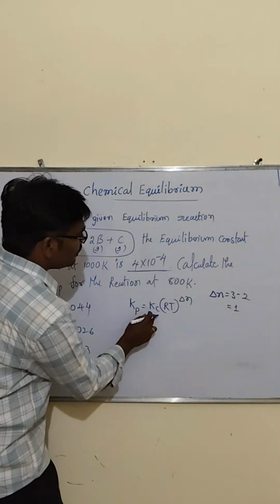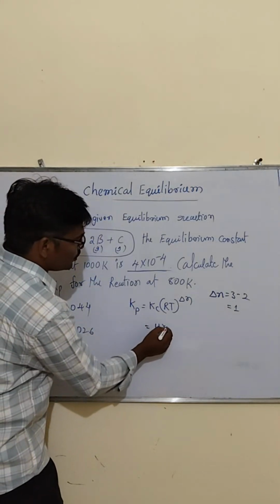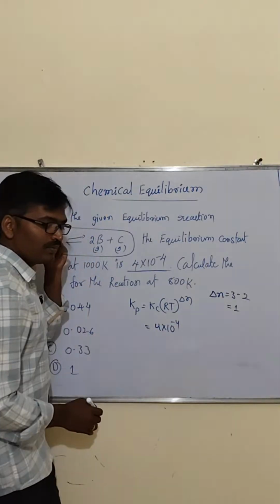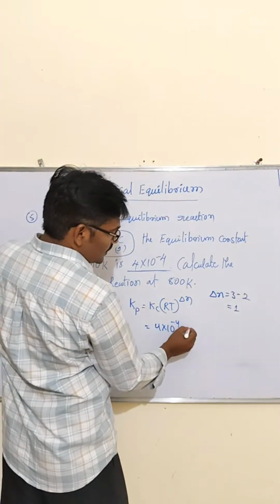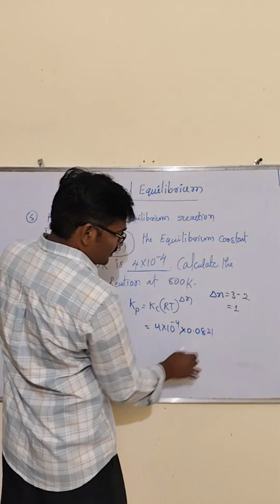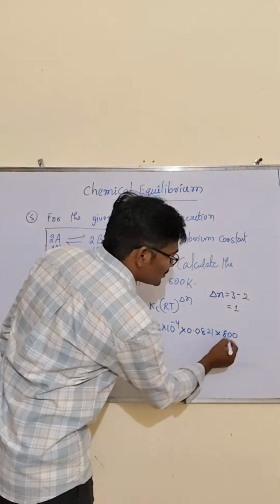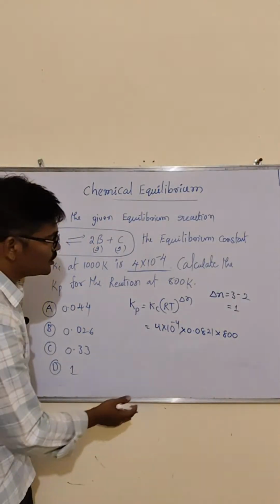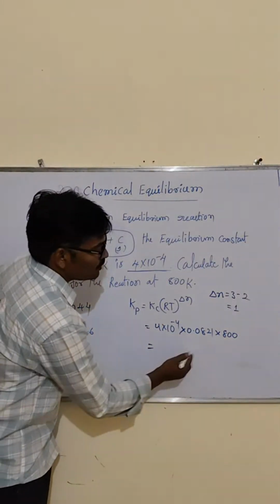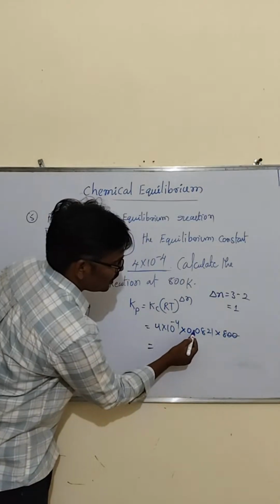Then Kc value, how much is there? 4 into 10 to the power of minus 4. Clear? R value is 0.0821 into temperature 800 Kelvin, right? Multiply all those things, and once the 2 zeros are cancelled, the point will be shifted.